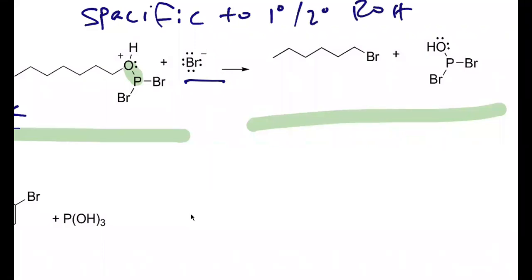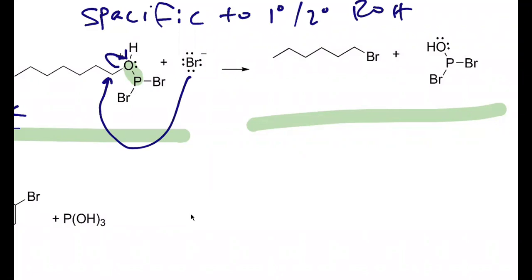If it's a primary or a secondary, it's probably not going to go through a carbocation. It's probably just going to be direct attack, because the carbocation that you make is going to be too unstable. So it's going to attack here, and then the C-O bond is going to break like so.